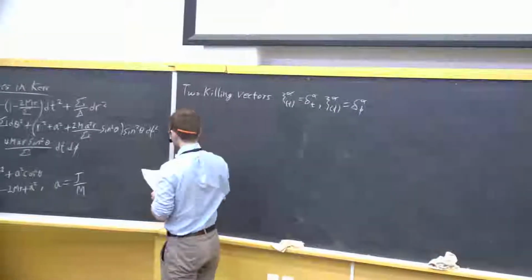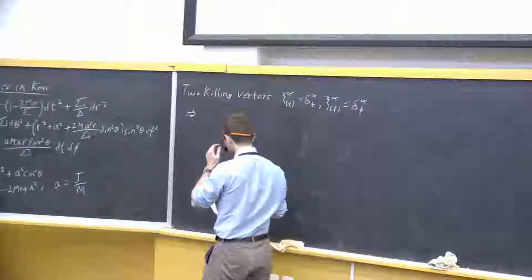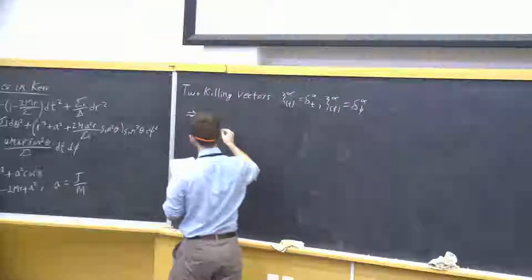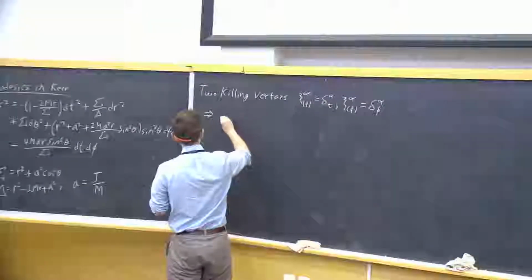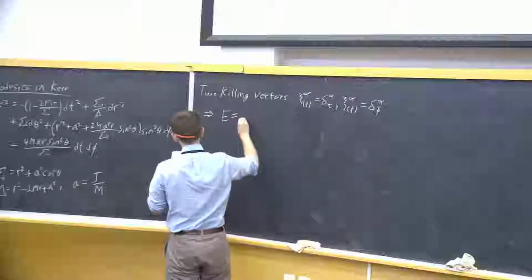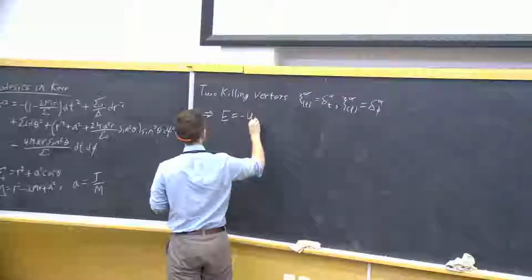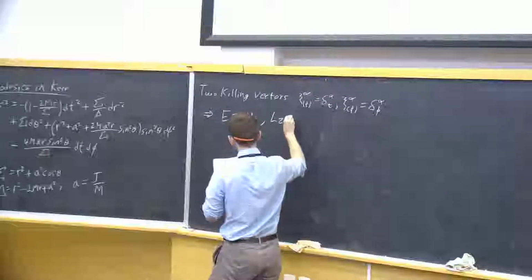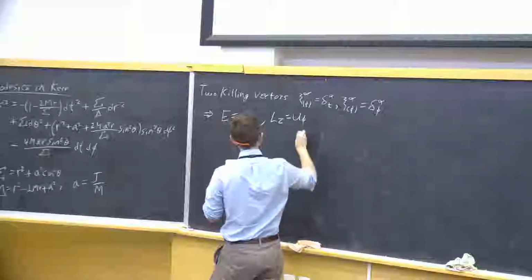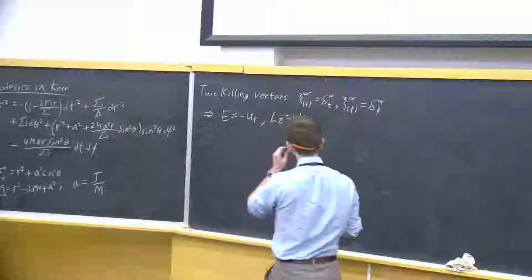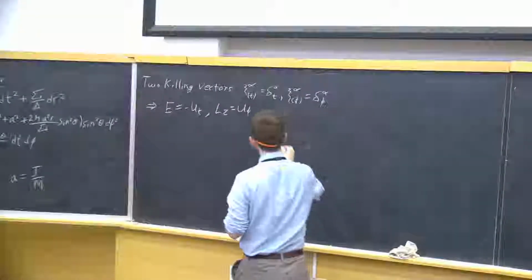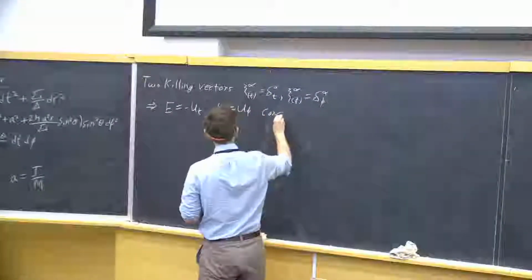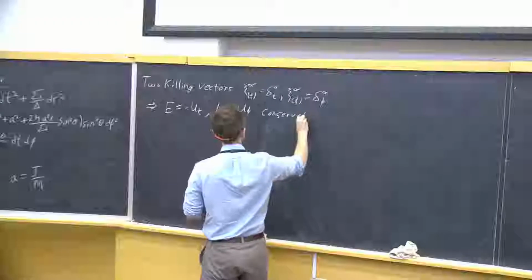We have conserved energy and angular momentum. And Lz is U phi. Conserved quantities on geodesics.